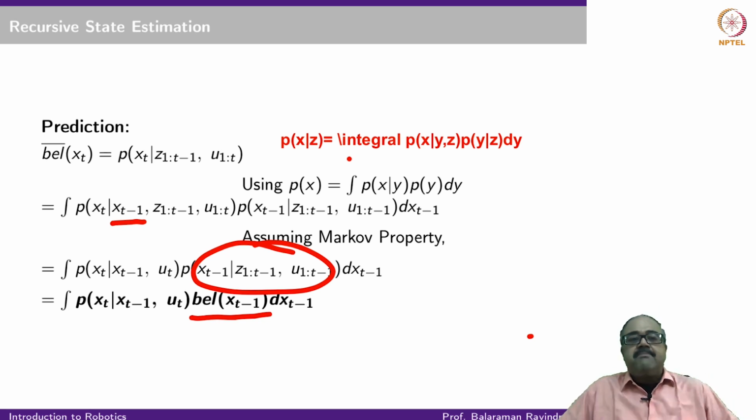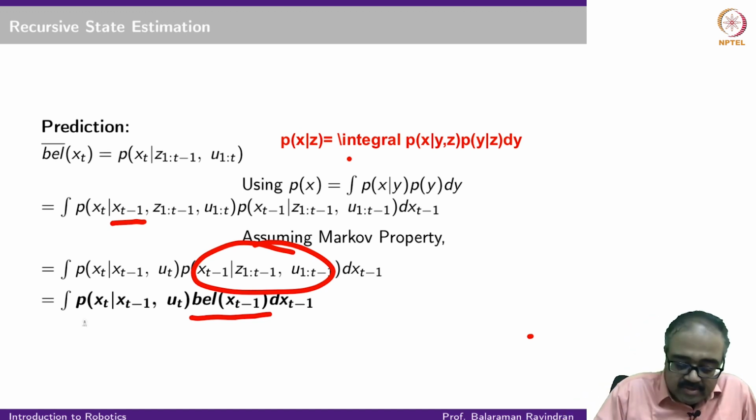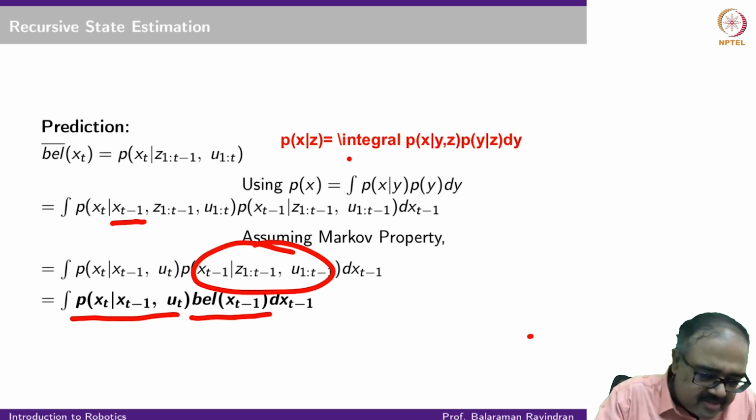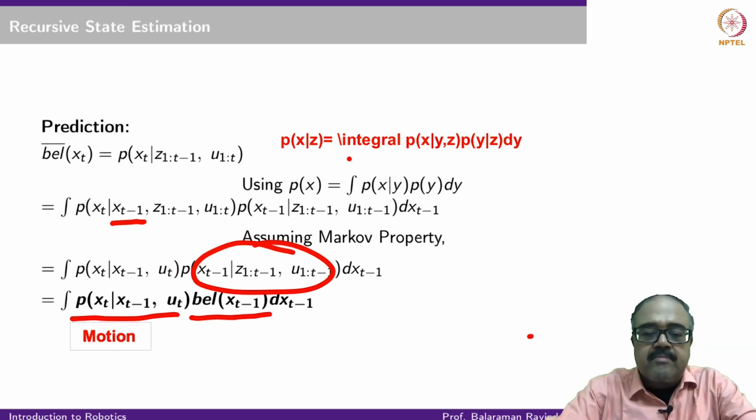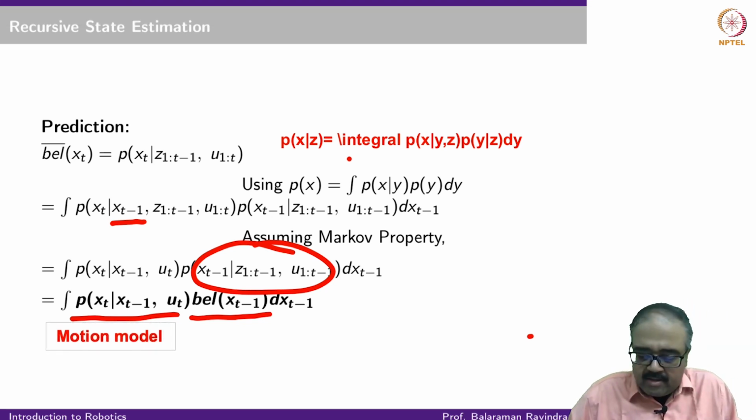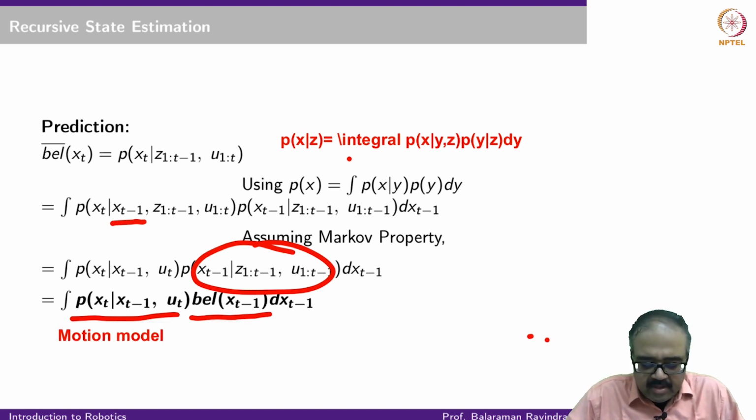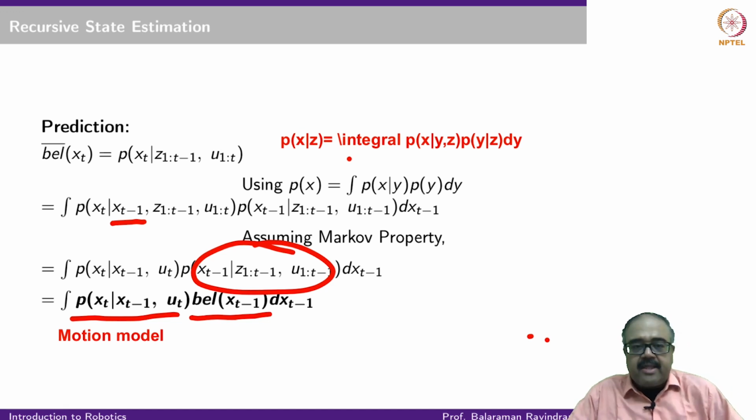So now my bel bar expression has become something very simple. My bel bar xt equals the integral of probability of xt given xt minus 1 comma ut. This is essentially my motion model, and then I have my belief xt minus 1 dxt minus 1.